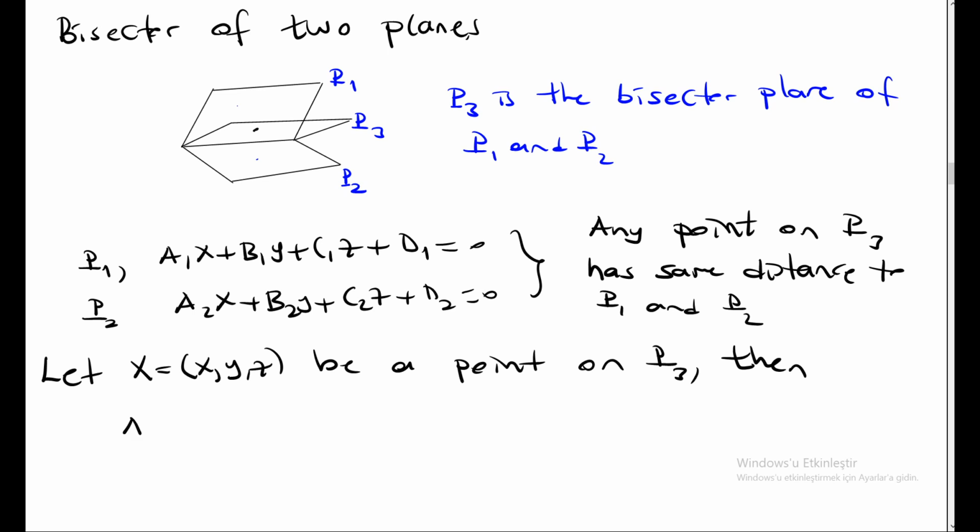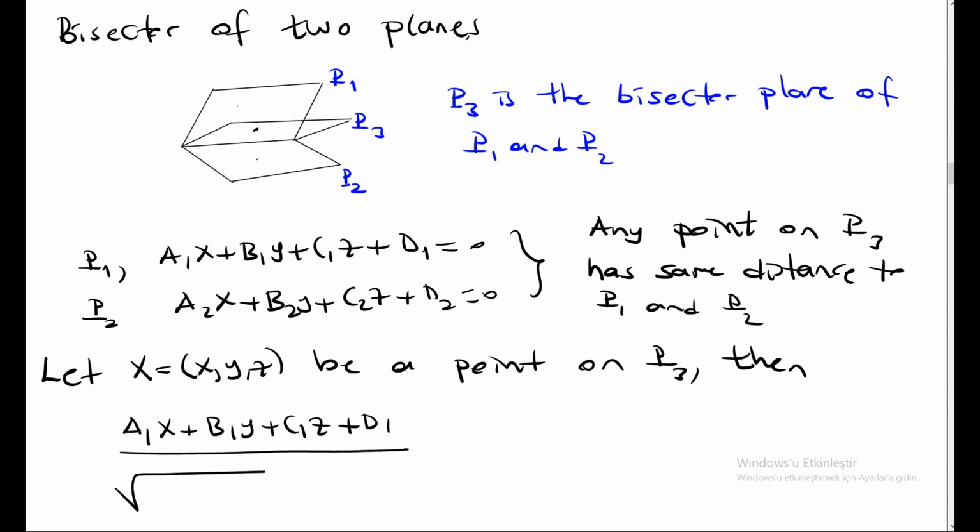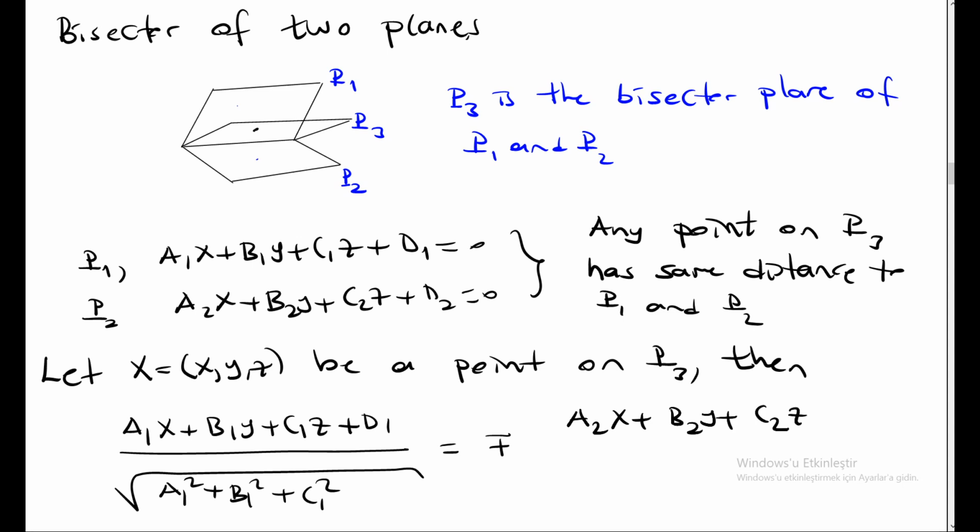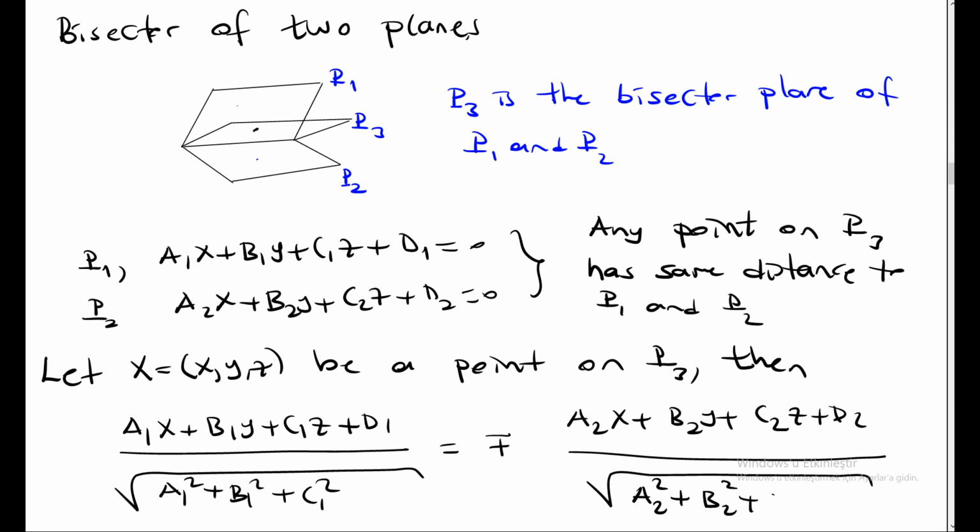So A1 times x plus B1 times y plus C1 times z plus D1 over the square root of A1 square plus B1 square plus C1 square equals plus or negative A2 times x plus B2 times y plus C2 times z plus D2 over the square root of A2 square plus B2 square plus C2 square.